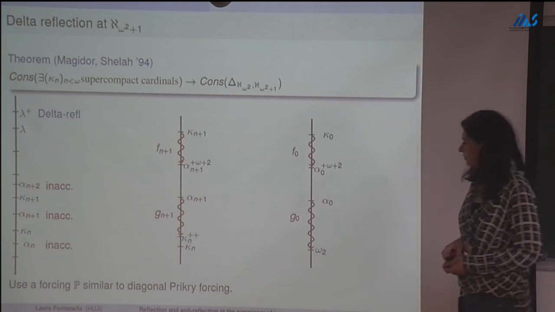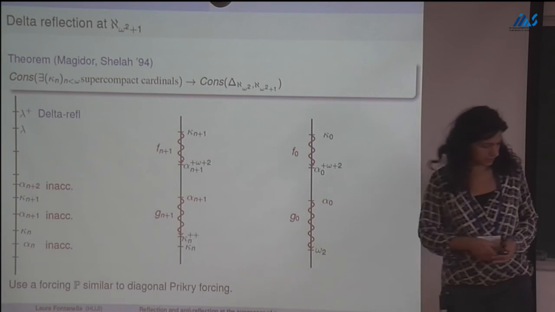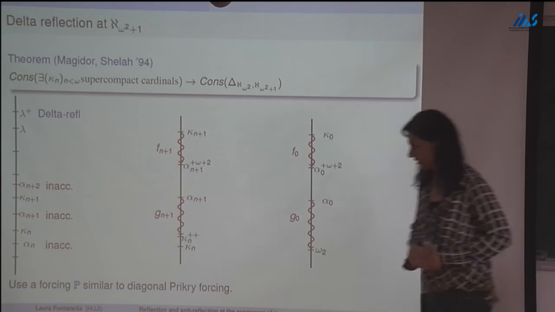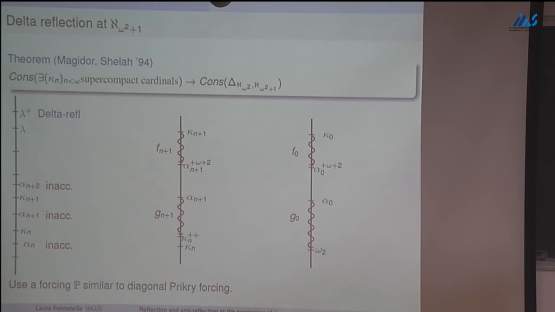More precisely, the conditions in this forcing are omega sequences. So here I wrote UN. Now the conditions in this forcing are omega sequences.